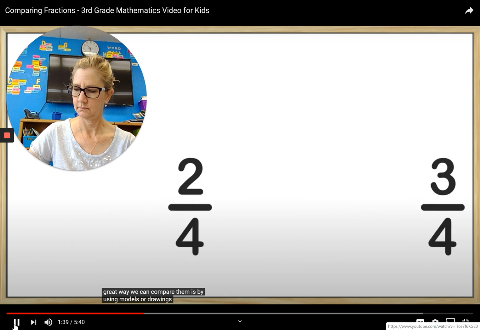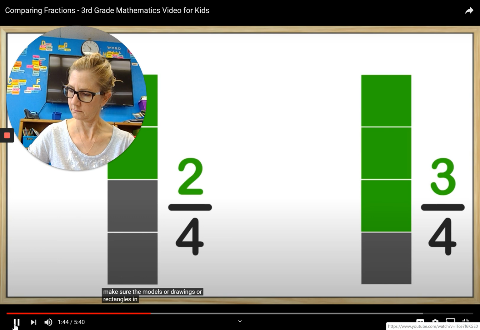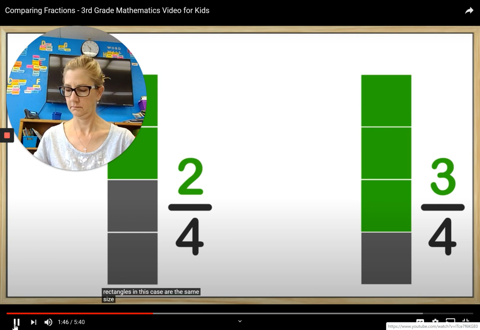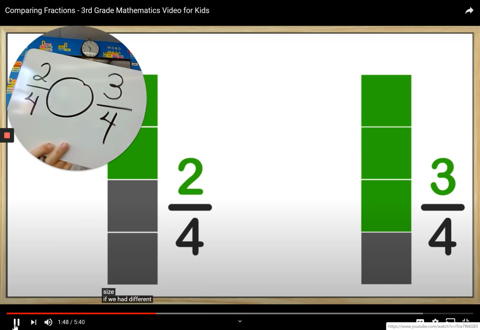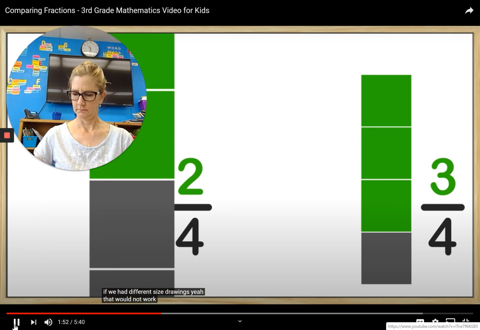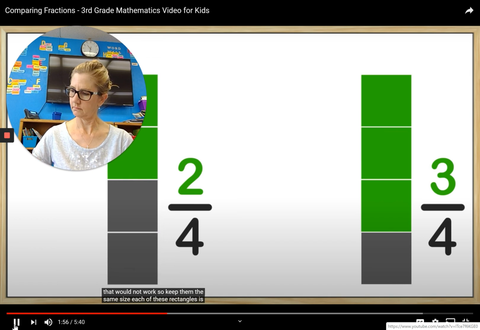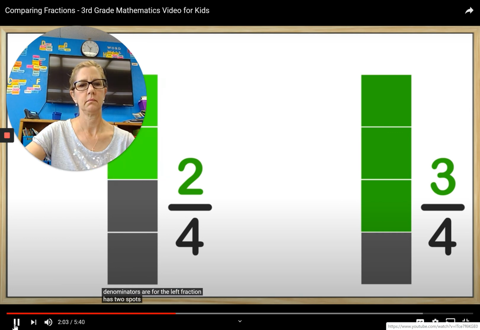When comparing fractions, you want to make sure the models or drawings, or rectangles in this case, are the same size. If we had different size drawings, that would not work, so keep them the same size. Each of these rectangles is divided into 4 parts because the denominators are 4. The left fraction has 2 spots that are colored green.